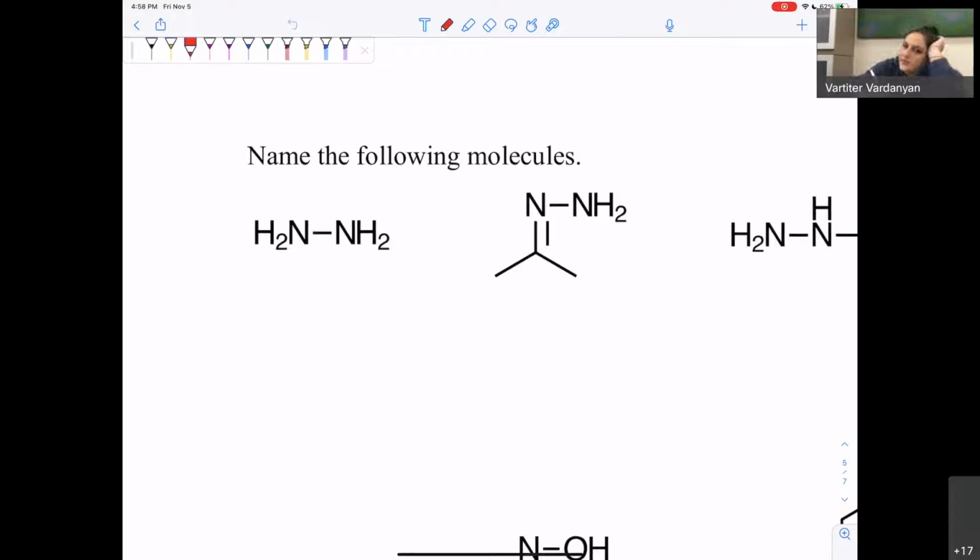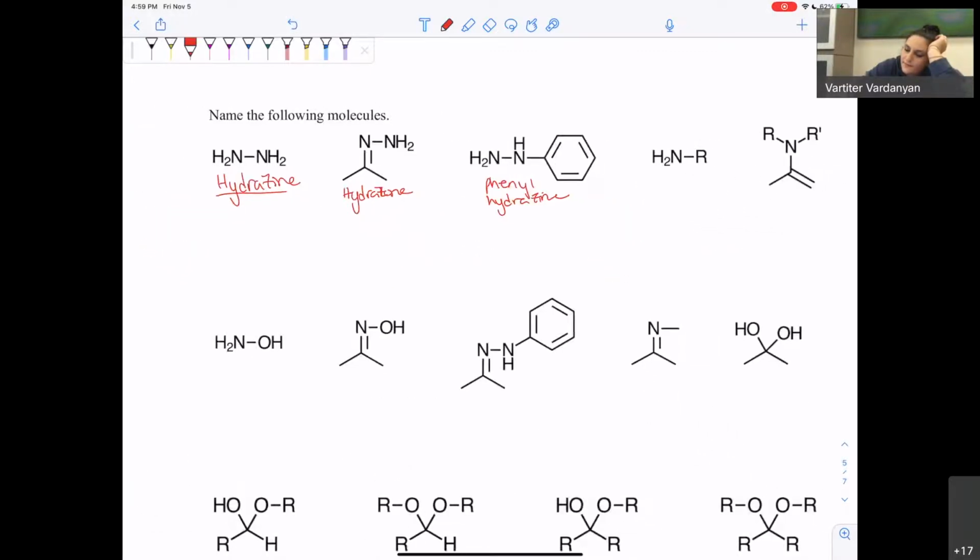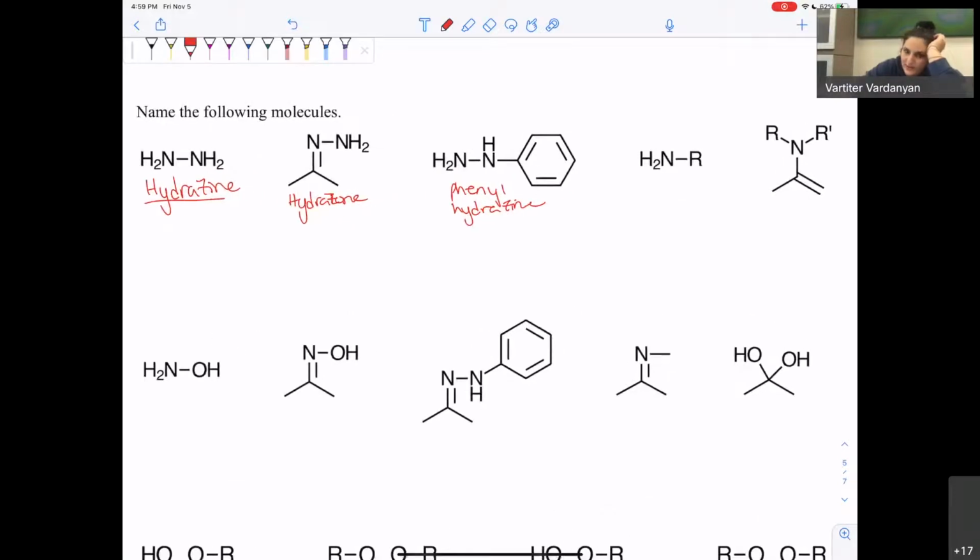So, this first one is a hydrazine. This one is a hydrazone. This one is phenylhydrazine. I'm just going to keep it zoomed out, actually. I don't want to keep zooming in and out. This guy is a nitrogen with one R group, so that is a primary amine.